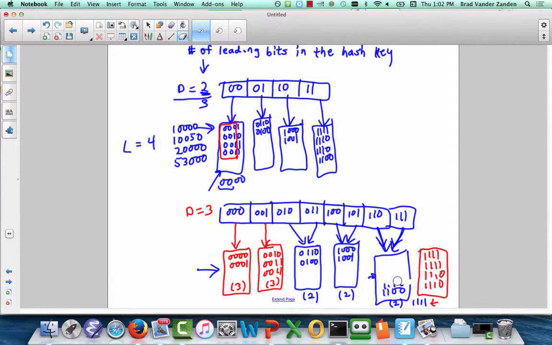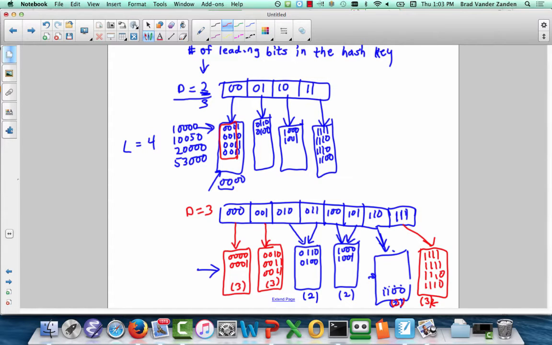The only one that actually stays is the 1, 1, 0, 0. The entry for 1, 1, 0 still points to the old one. 1, 1, 1 now points to the new one, and we update each block to indicate that it's now using 3. Okay, so the splits are pretty uncommon.